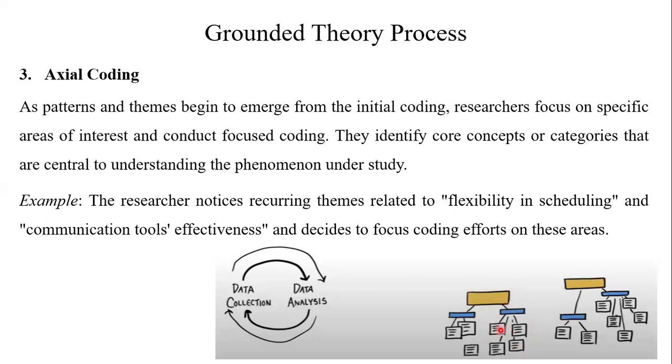Whatever the categories of your initial codes, they will be combined with their similar codes, which is known as axial coding. So this is how axial coding works. Axial coding is lines or connections, and it is basically known as categorization of your initial codes.